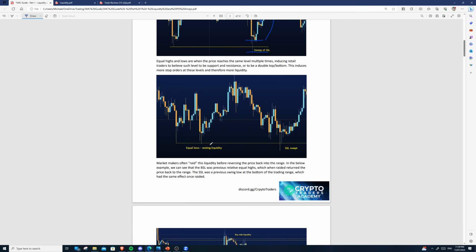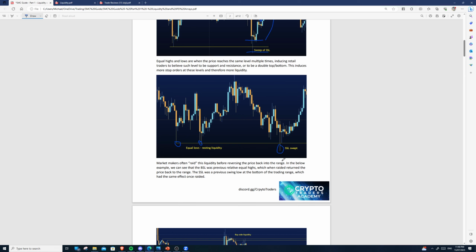Right, so what we've seen so far is we do need to think from the perspective of a retail trader. Think about how they place their stop losses and their liquidation points. So stop loss below support levels, therefore equal lows, would also be a resting liquidity point.